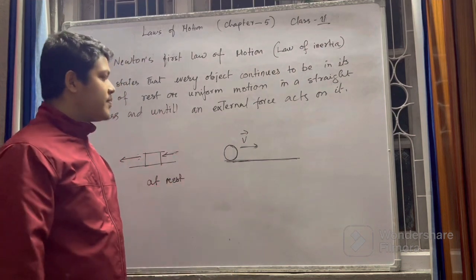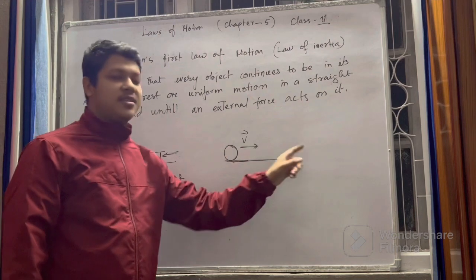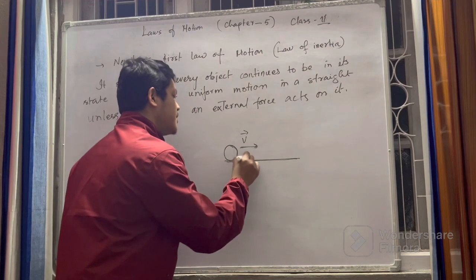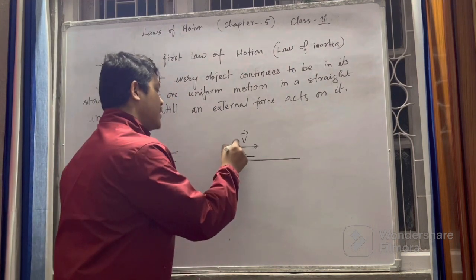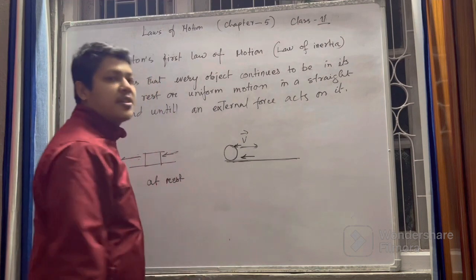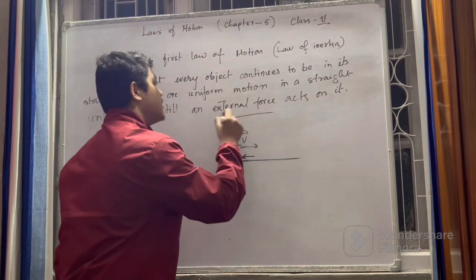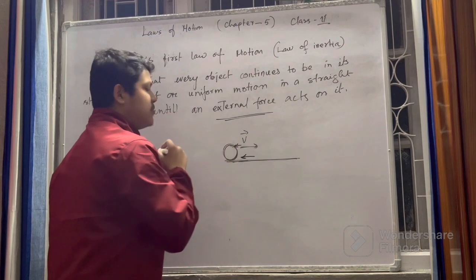Because when it is rolling over the surface, there must be a frictional force. There will be air drag as well, and also gravitational force. These are the external forces that will stop this ball.